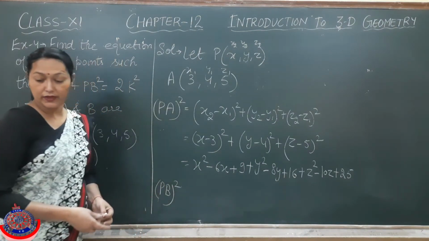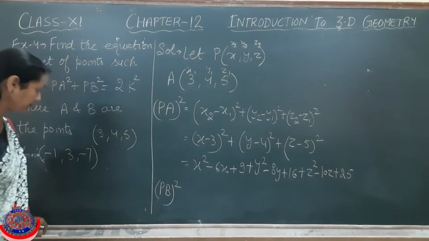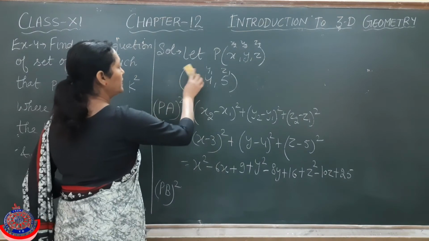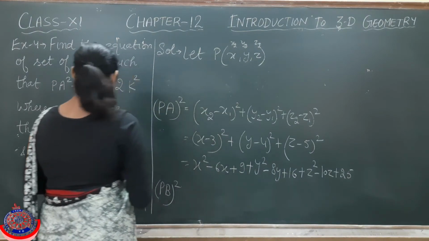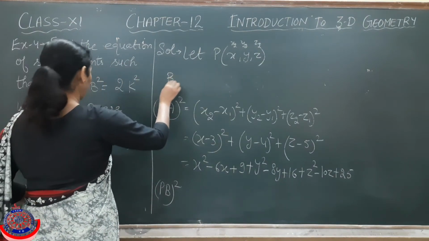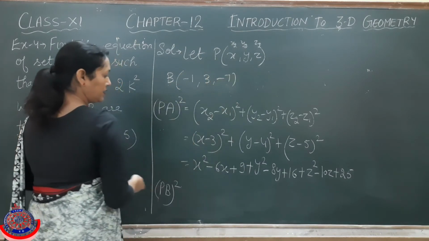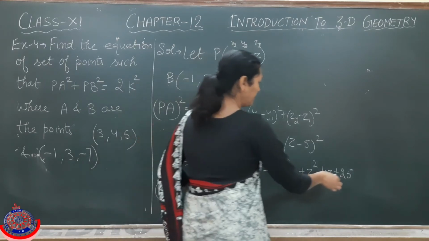For PB square, we will be taking point B. B is -1, 3 and -7. It will be equation 1.